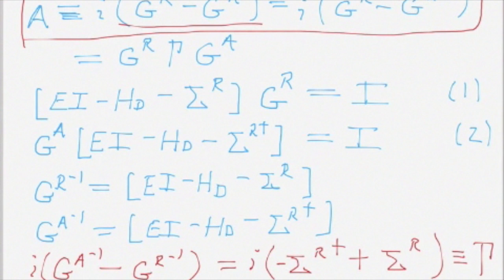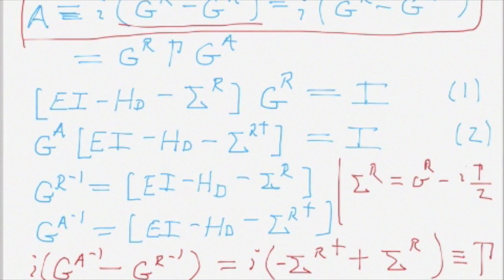So in our simple case, sigma R was a real part, a little sigma R, minus I gamma over 2.